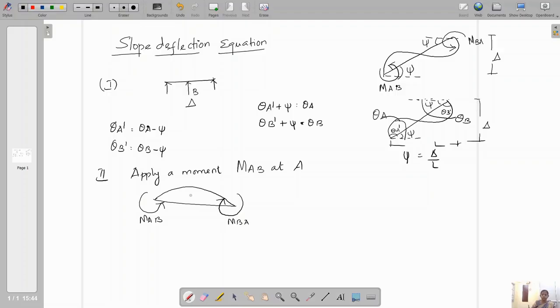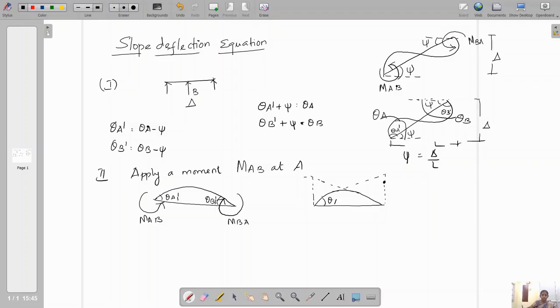I can mention theta A1 dash and theta B1 dash due to the applied moment MAB. And also, I'm going to draw the tangent of this rotation so that we will have the deflection values.